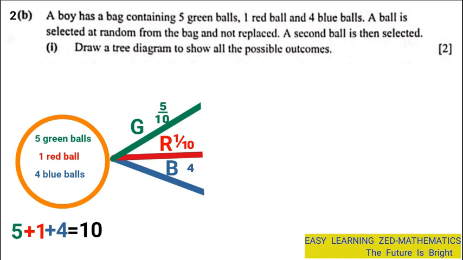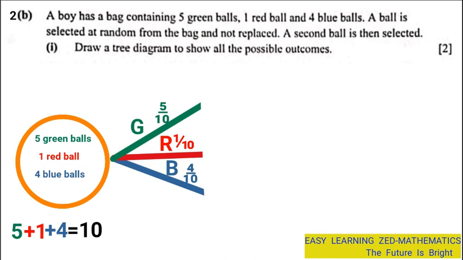Okay, so these are the probabilities of picking these balls. For the green it is 5 over 10, for the red it is 1 over 10, and for the blue it is 4 over 10. Now these are probabilities when picking a ball for the first time.